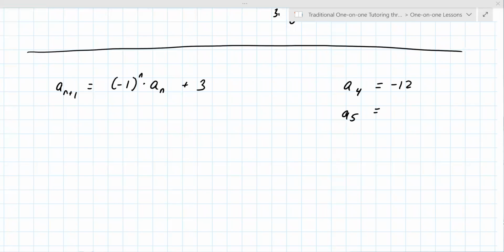Negative 53. You said negative 53. Yeah, okay. I don't think it's right.